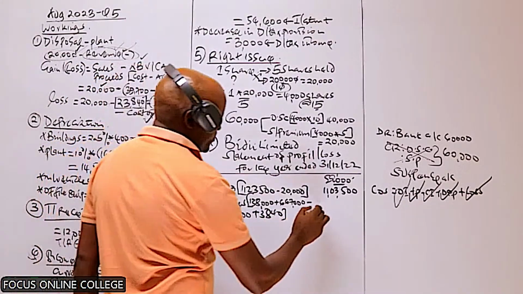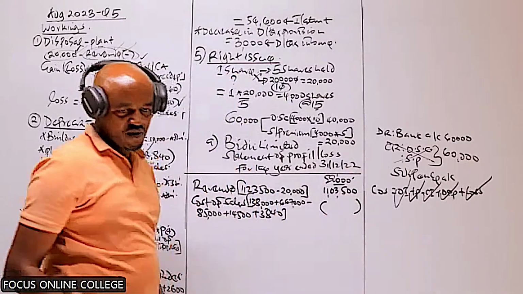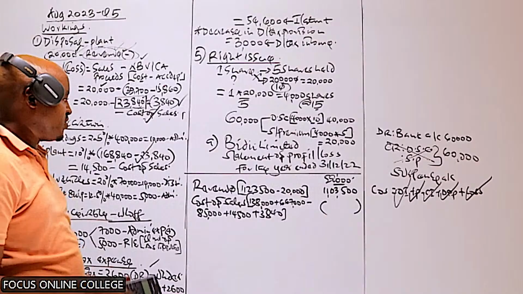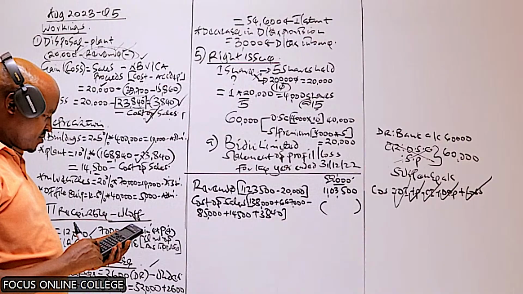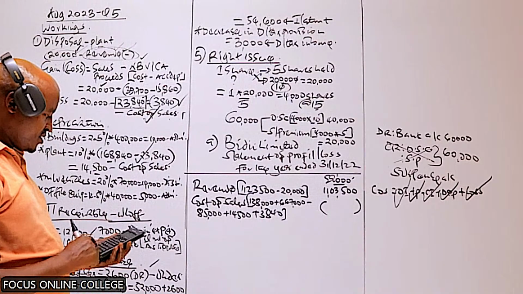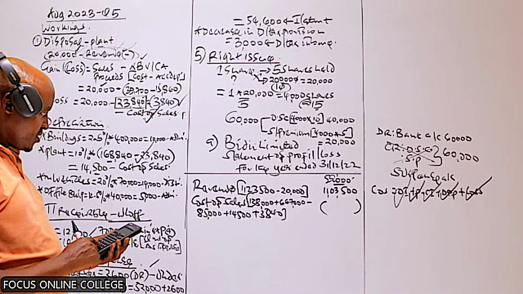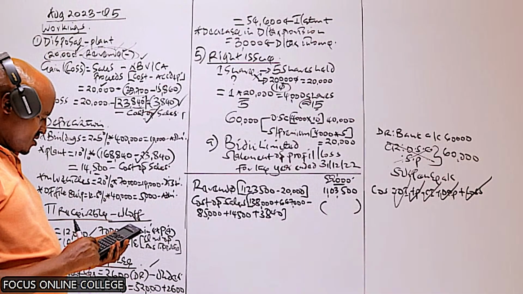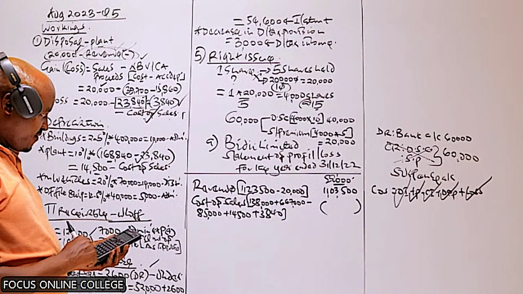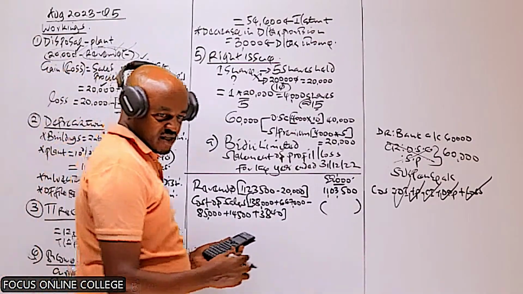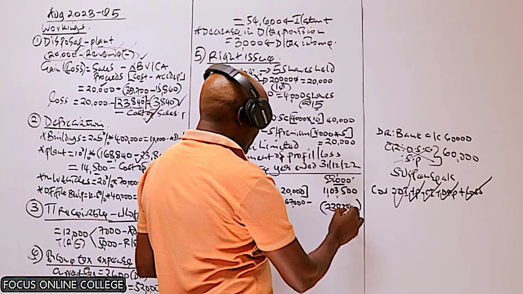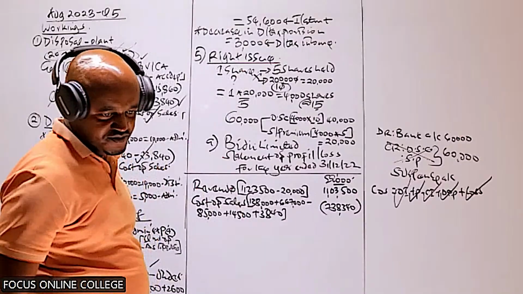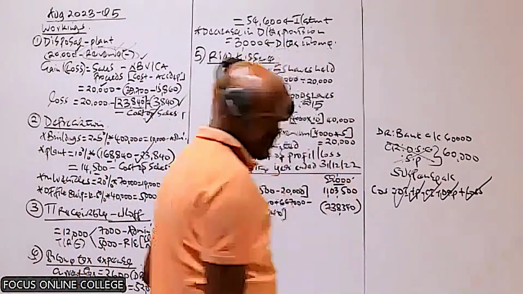So 138,000 plus 667,000 minus 85,000 plus 14,500 plus 3,840, and I'm getting 738,340. Is that what you're getting? If yes, please confirm.